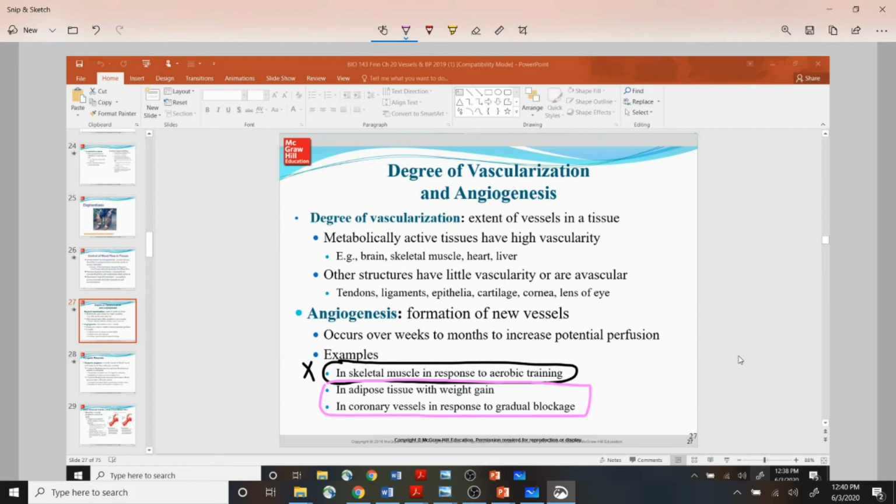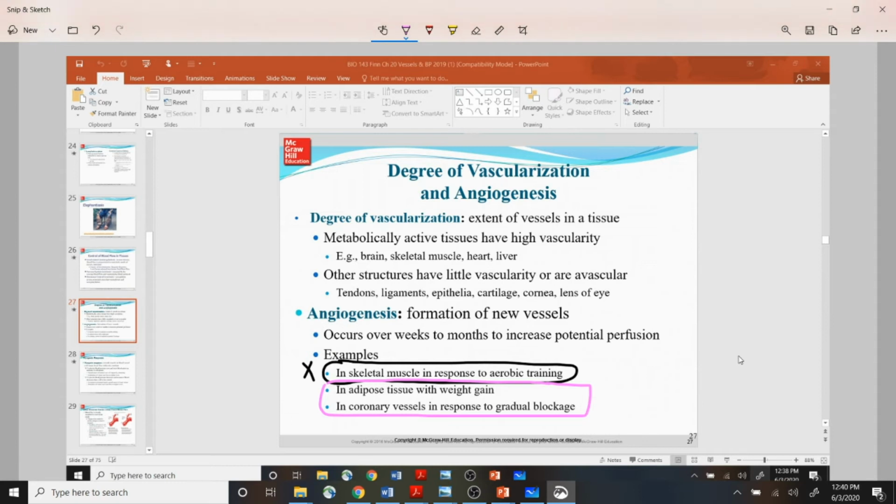Some of us do, some of us don't, but inevitably as we age, we tend to put a little more weight on. Adipose tissue, unfortunately, can form new blood vessels. We don't really want that to happen, but it can. And we definitely don't want it in my coronary blood vessels.